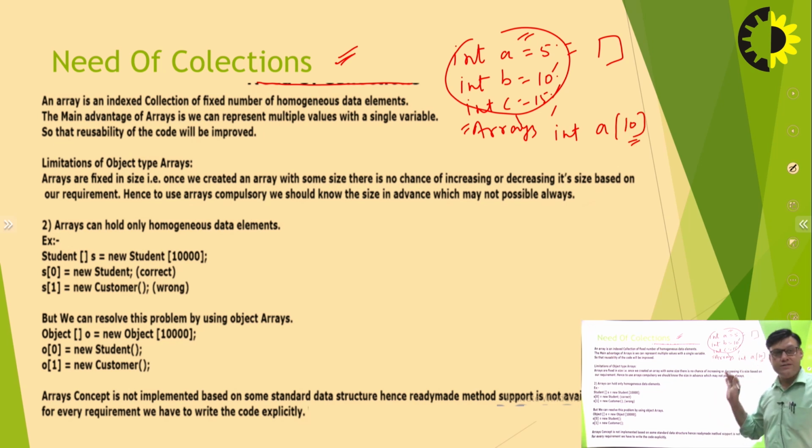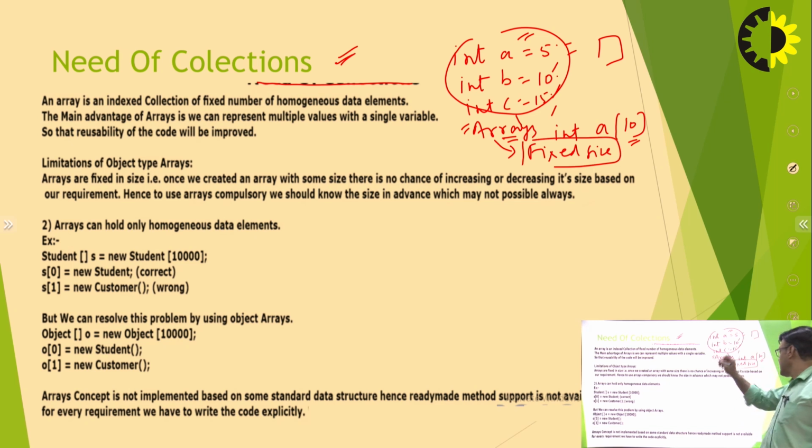So what is an array here? Array is fixed in size, number one. There are a number of limitations here. Moreover, similar type of elements we keep in arrays, that is, homogeneous elements, right?